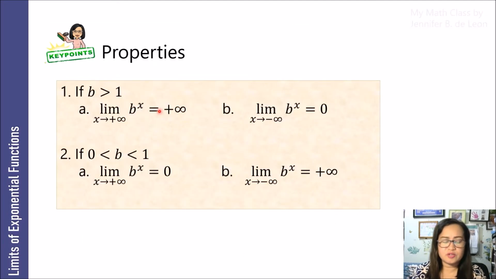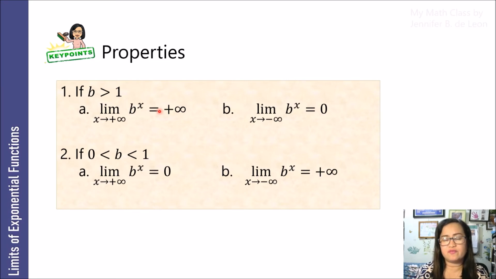Now let me share with you some properties of the limit of exponential functions. There are two main conditions. If b is greater than 1, then the limit of b raised to x as x approaches positive infinity is positive infinity, whereas the limit of b raised to x as x approaches negative infinity is 0.